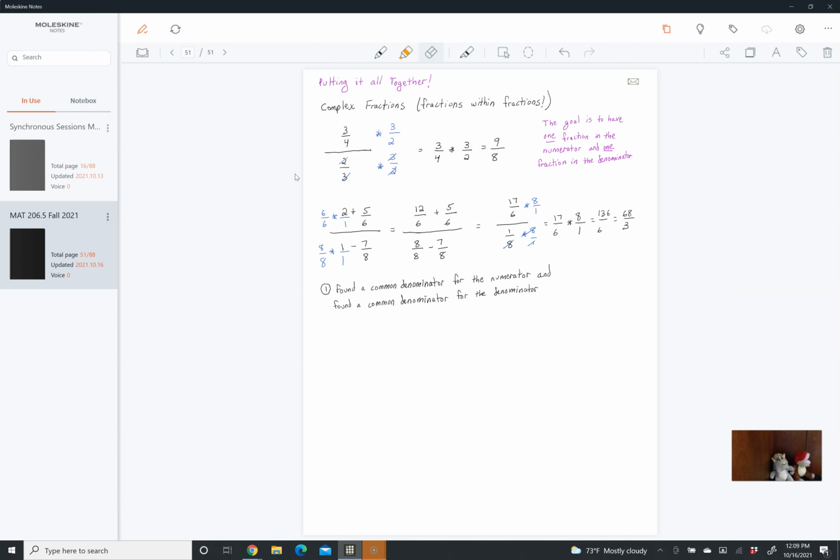Okay, so that was the first thing that you did. Second thing, we combined the fractions, meaning add or subtract.